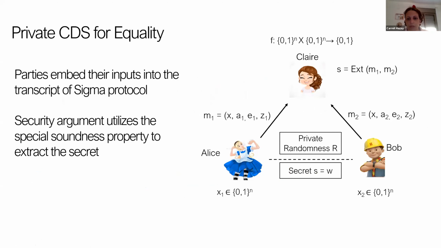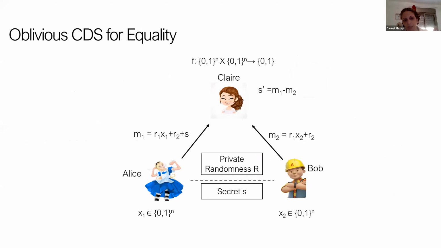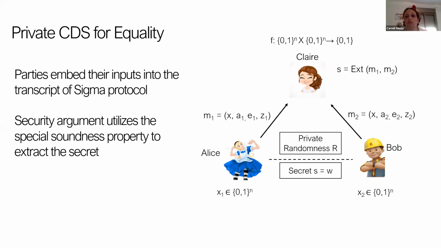Here Alice and Bob are semi-honest, passively secure, and if you want to extend it to the malicious setting, we use an additional tool of Sigma protocol, and we rely on the verifiability of Sigma protocol to achieve security against malicious Alice or Bob.